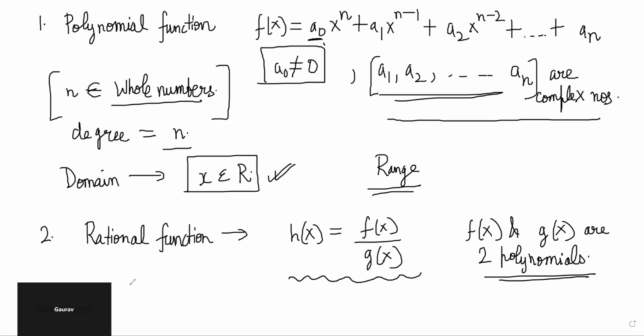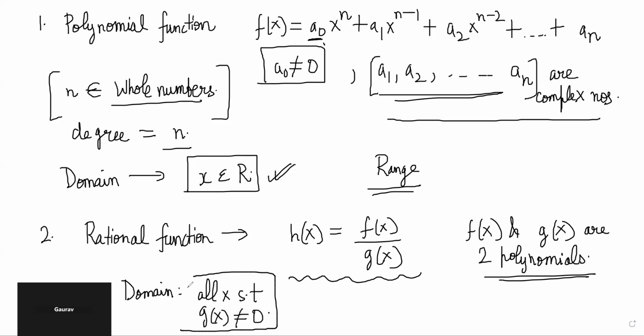And here, the domain will be all x such that g of x is not equal to 0. Any x will be in the domain of the rational function, except those x's which make h of x undefined because g of x becomes 0, right?